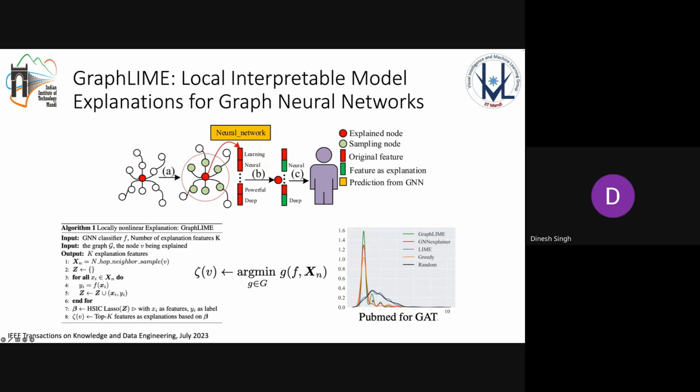Within these architectures we also use several other explanation models, like LIME, GNNExplainer, Greedy, and some random feature selection based methods that were previously used to explain. And now we are applying that.